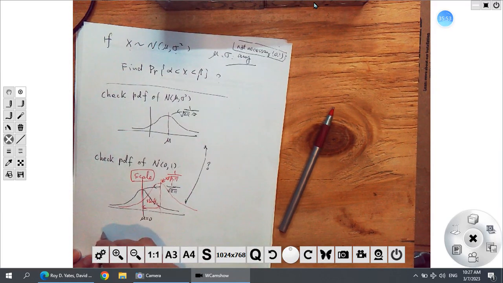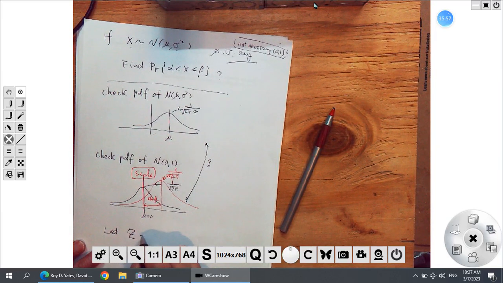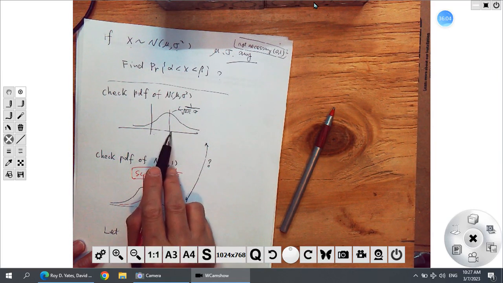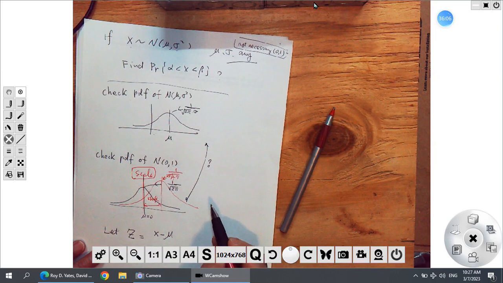Let Z equal X minus mu, shifted by mu, and scaled by sigma. You divide by sigma. Let Z be this. Then Z will obey N(0, 1).